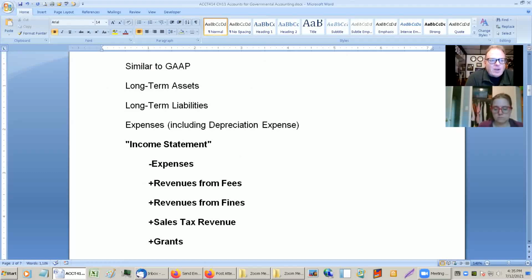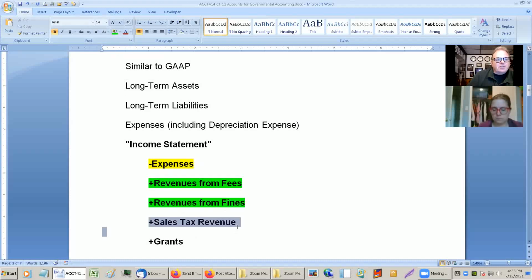But anyway, the idea is that you start out with the expenses, and then it's like an upside down income statement. The expenses are usually one number: here's what it's going to take to run the school district. So how are they going to get their money? You get some money from fees.